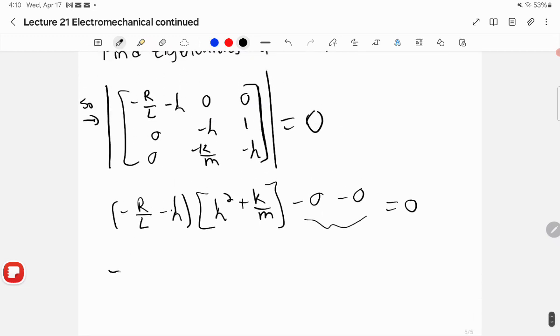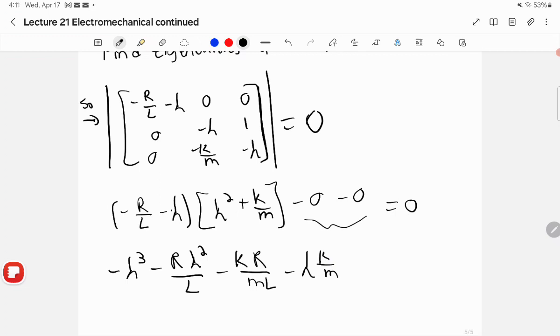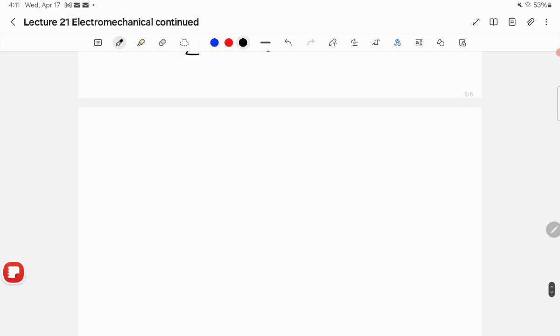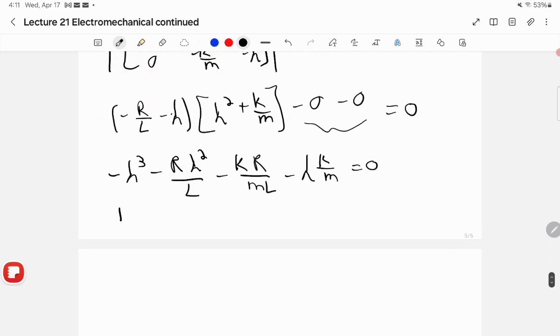If I multiply all of these out, or if I can add all of those terms to the other side, so I get everything positive.